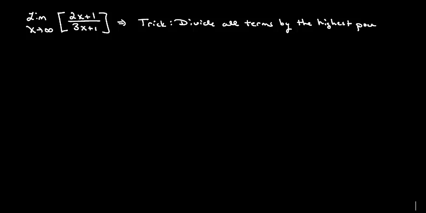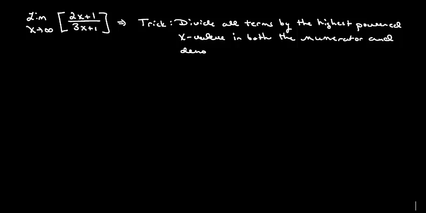What I mean by that is, each of the terms has an x or a variable in it. Whichever one has the highest power, you're going to divide by that many x's. Let me go ahead and show you what I'm talking about. These next two problems will demonstrate this idea.